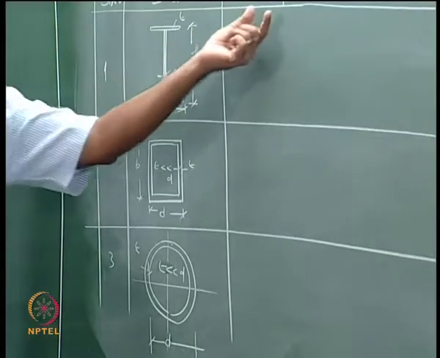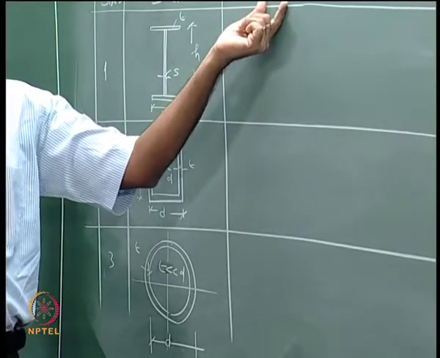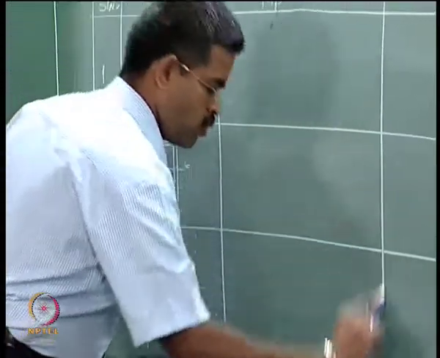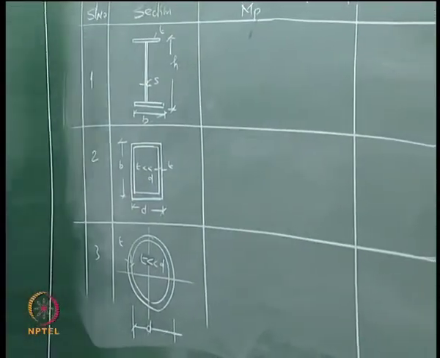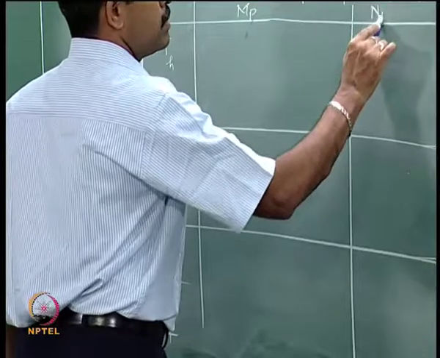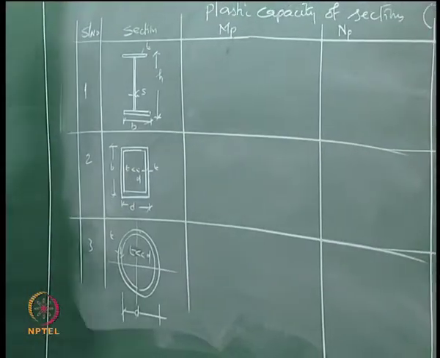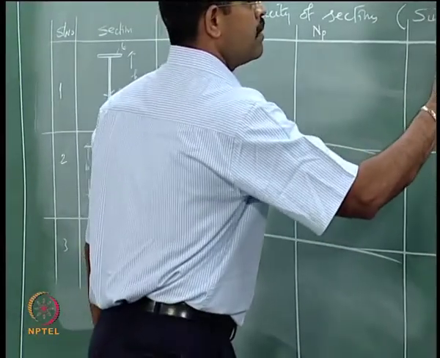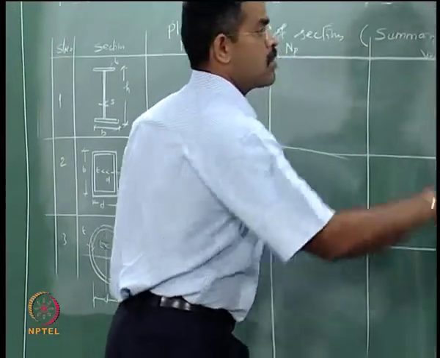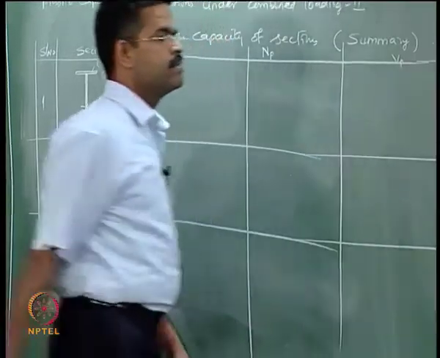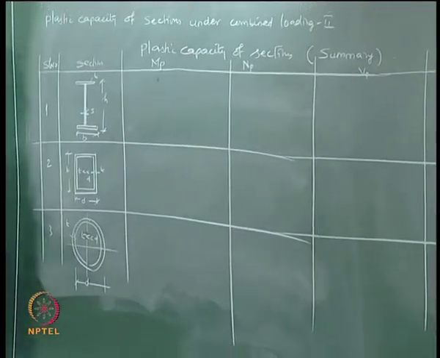So we are looking for the plastic moment carrying capacity MP. We will also look for the axial load carrying capacity NP. We will also look for the shear capacity Vp, and we also look for the torsion capacity Tp. It is a summary for our understanding.